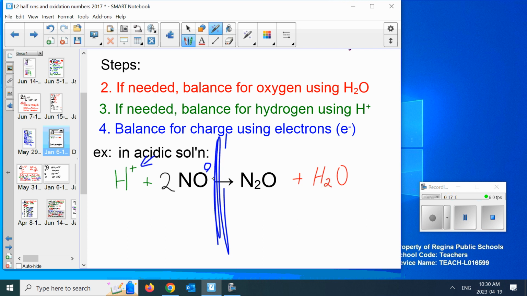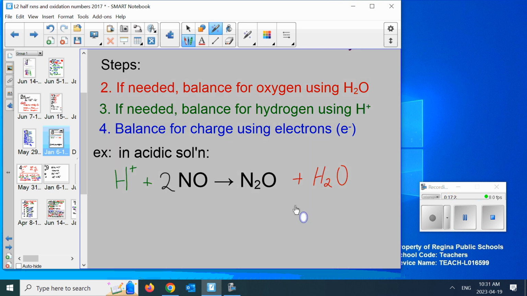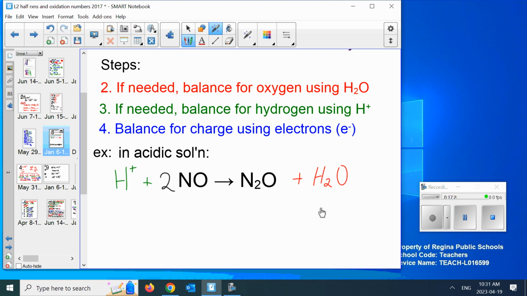Right? So I've got a grand total of +1 on the left side. On the right side, I have nothing and nothing. Always bring the high side, the +1 side, down to the low side, because we're adding electrons. Those are negatives, so we won't bring them up. So +1 has to come down to 0. So we add 1 electron.